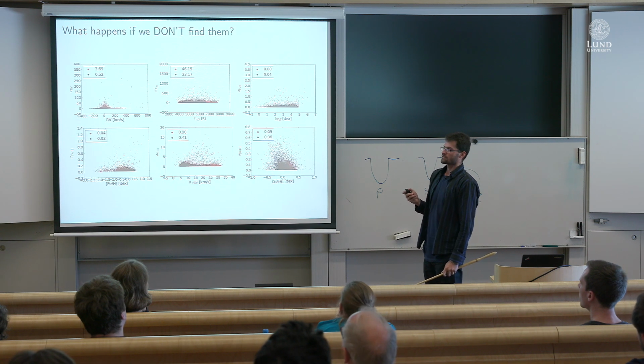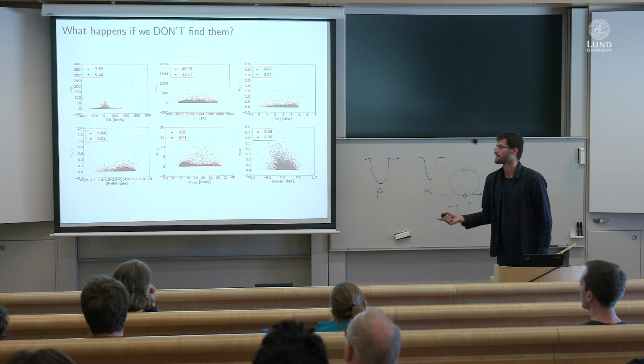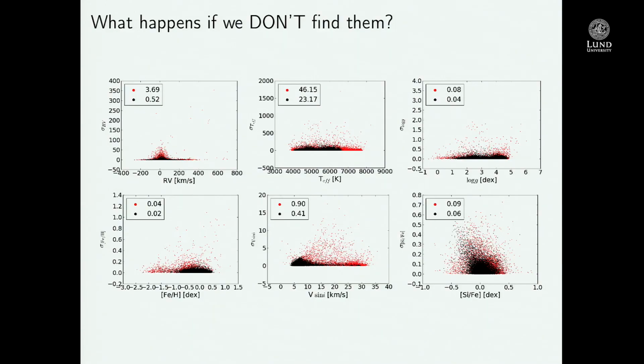The question now could be, what happens if we don't account for these peculiarities, if we don't find them? Here's a plot of the measurement of several stellar parameters: the radial velocity of a star, the effective temperature, the surface gravity, the metallicity, the rotation of the star, and one of the abundances, silicon.